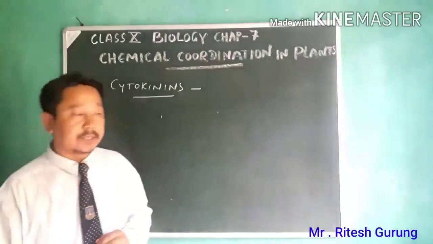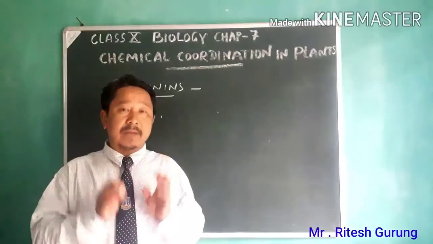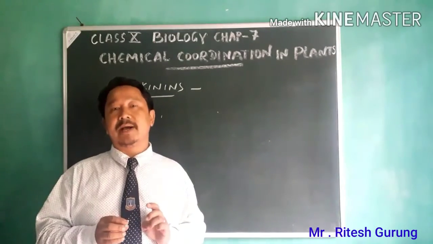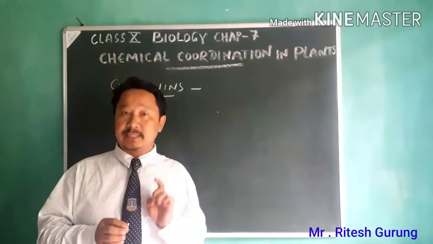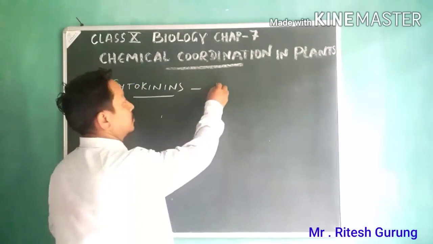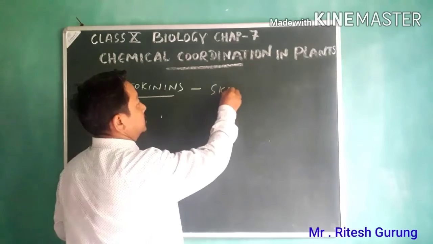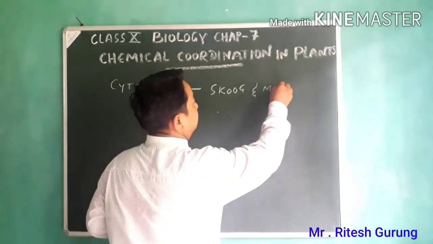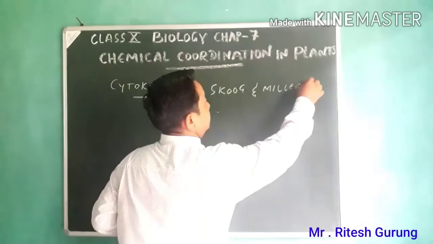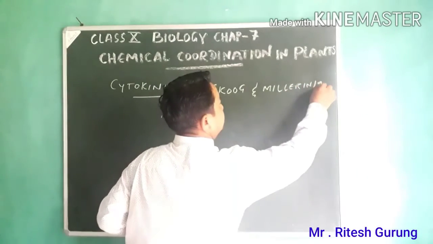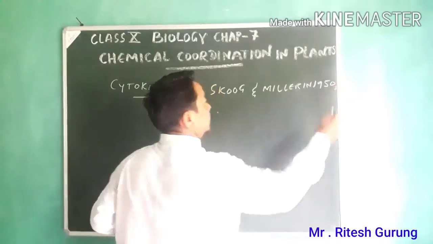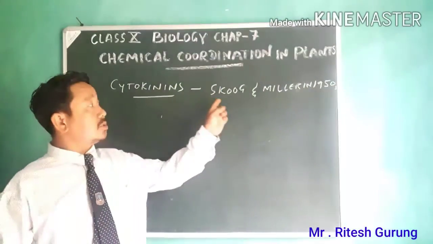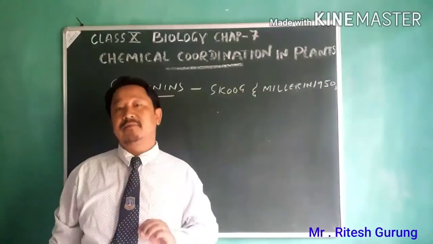Cytokinins are the plant hormones which were first discovered by Cook and Miller in the 1950s. So these cytokinins were first discovered by Cook and Miller in the 1950s.